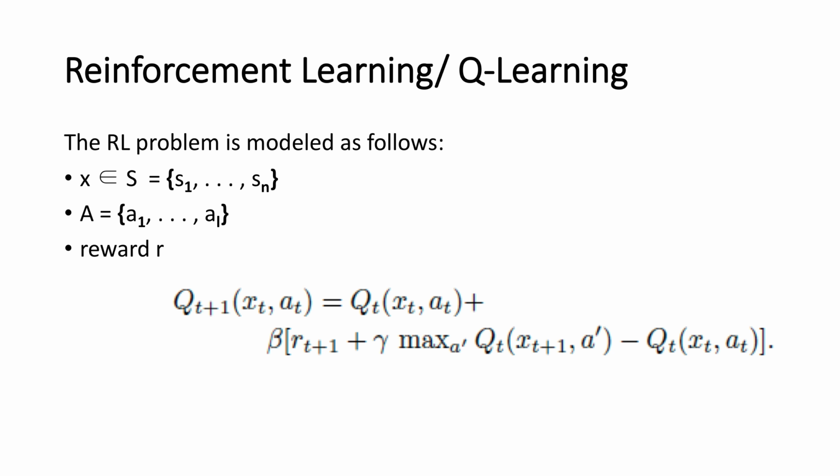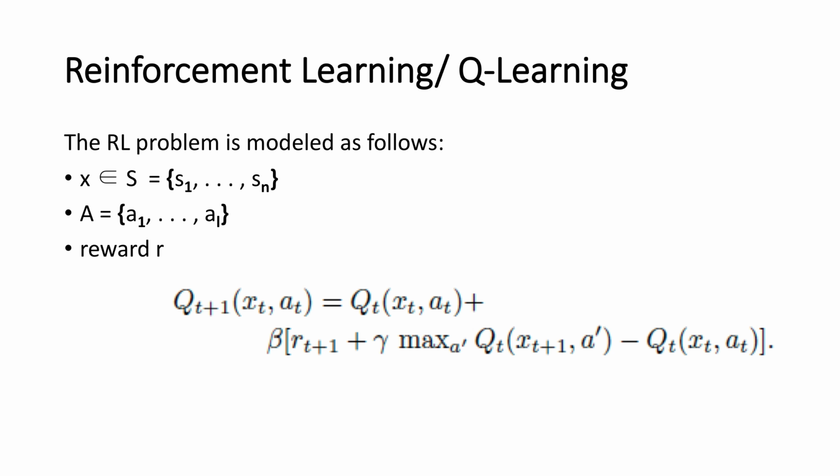The reinforcement learning problem is modeled as follows. The state vector X is composed of values of representative variables capturing the surrounding environment. S is the set of possible states that the agent can perceive from the environment.